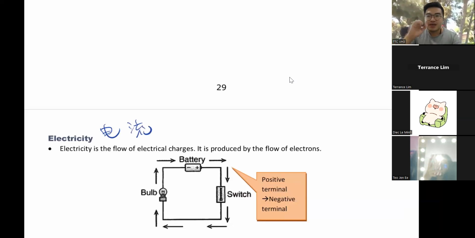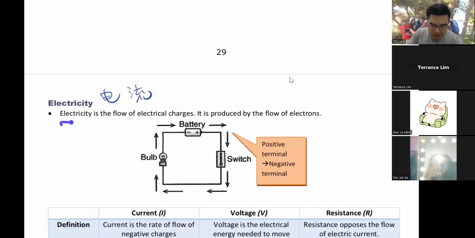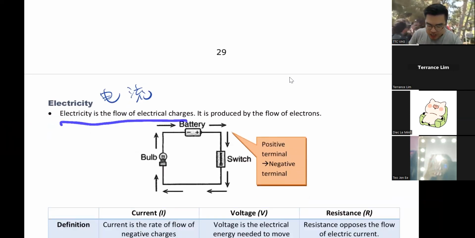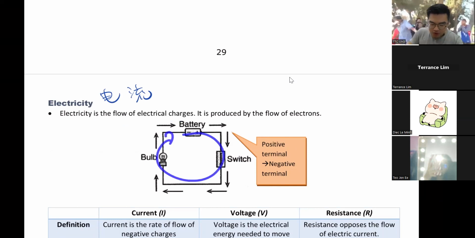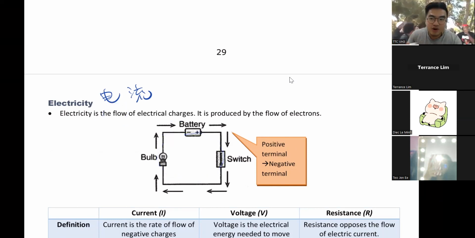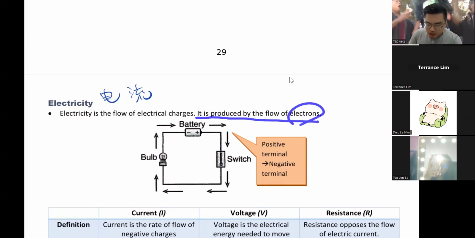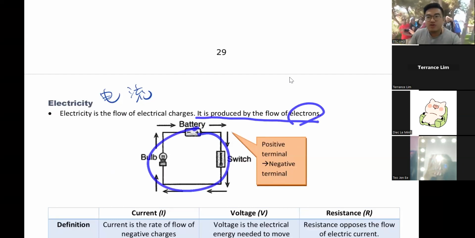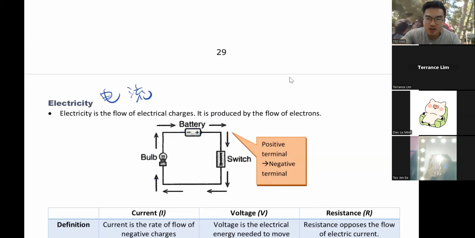Let's talk about electricity. Electricity is the flow of electric charges. Flow, 流动，所以叫电流. Static is a jump. It is produced by the flow of electrons. When electrons flow, you have electricity. Electron, electric. So when electrons flow, you get electricity.